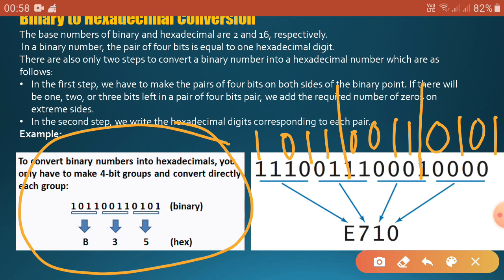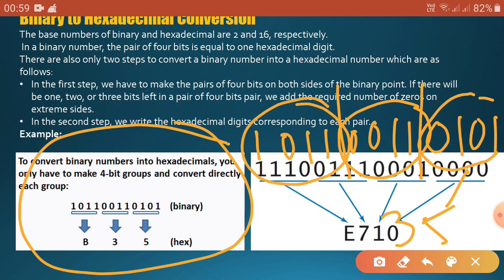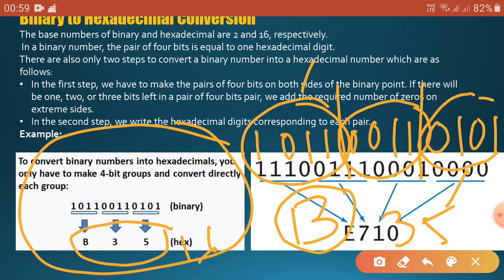So we are making, and then 0 1 0 1 means 5, 0 0 1 1 means 3, and 1 0 1 1 means B. Okay, because B means 11, so 1 0 1 1 means 11. So the number is B35 and the base is 16.